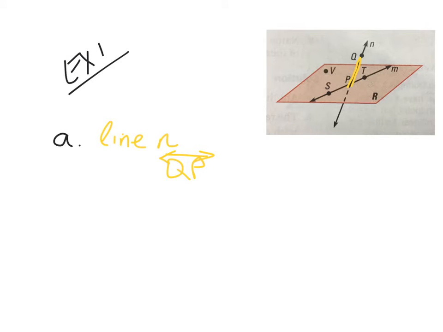Okay, so then the other one they wanted you to do was plane R. What are 2 other ways we can name plane R? You would say plane and then just pick 3 points that are on here. V, S, T. Yep, good.